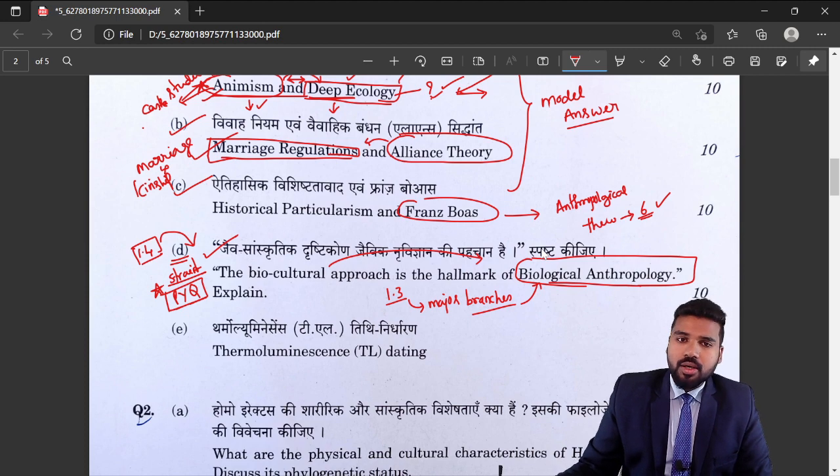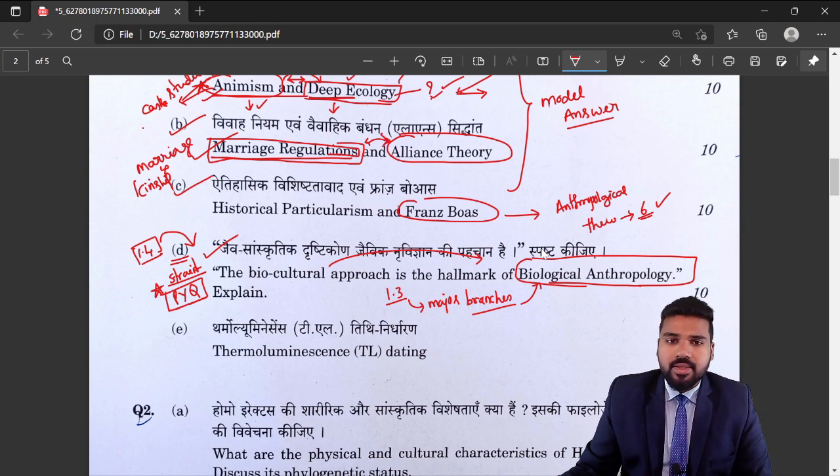If it is for, yeah, you can link it like marriage regulations and alliance theory. I'll discuss the contents of it. Here it says why these alliances through the marriage are formed, and for that what kind of regulations are there. Sometimes there are preferential rules, sometimes there are prohibitory rules like incest taboo, you know that, it is a prohibitory one.